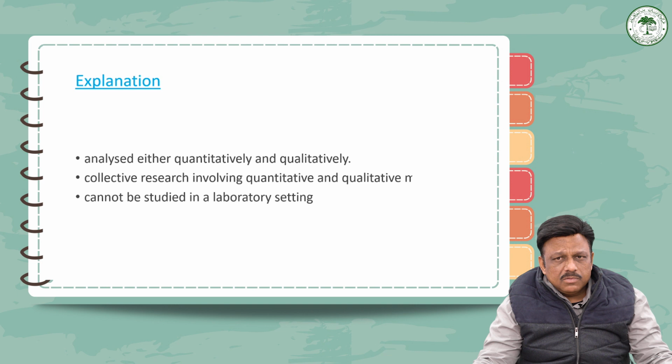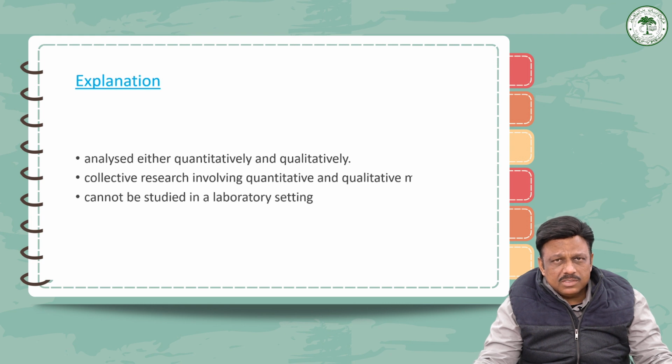Now, if we think of explaining what the empirical method is, data collection from all these methods, whether qualitative or quantitative, will need to be analyzed. So empirical evidence can be analyzed either quantitatively or qualitatively again.